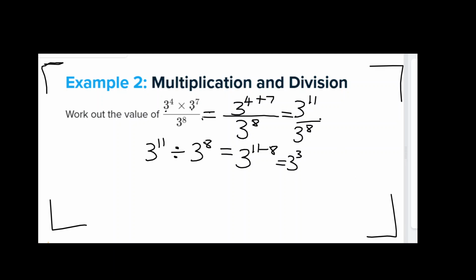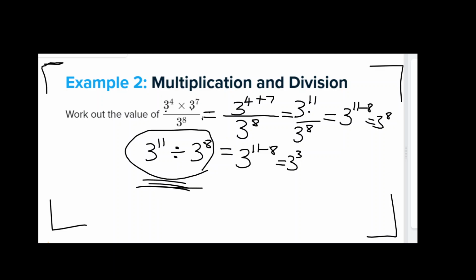That's our final answer. Now, on this part, you can skip all of this and just go straight to 3 to the power of 11 minus 8. And that gives 3 to the power of 3. So I've only just done this to help you understand the meaning of that fraction there. Okay, let's try another question. Oh, sorry, there should be 3 to the power of 3 here.